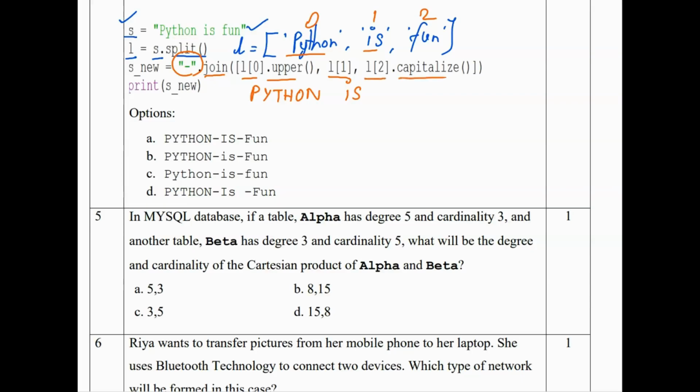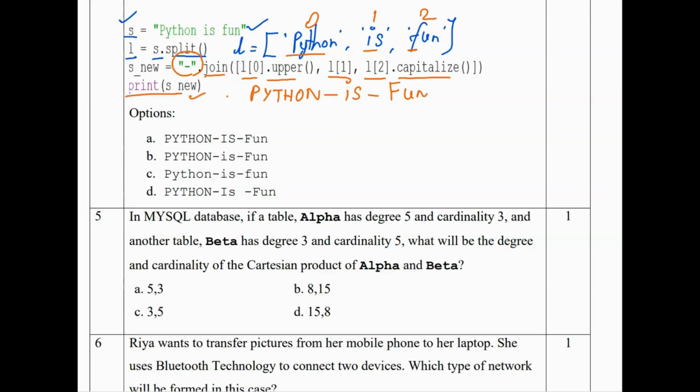Then L of 2 dot capitalize. This capitalize function will make the first letter capitalized. So L of 2 will get its first letter capitalized, and all the remaining letters are the same as given there. Now you should join this hyphen in between. That's it. So what is your answer? You should print this s underscore new.